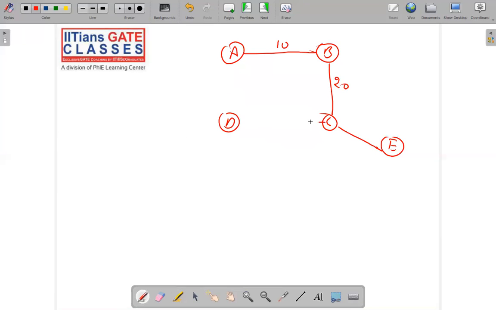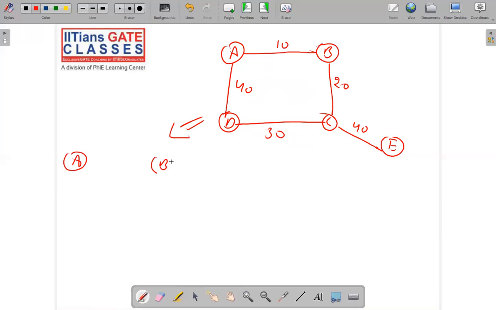Like 20, 30, 40, and let me write 40 here. Now there will be only one minimum spanning tree. You cannot have multiple minimum spanning trees here.